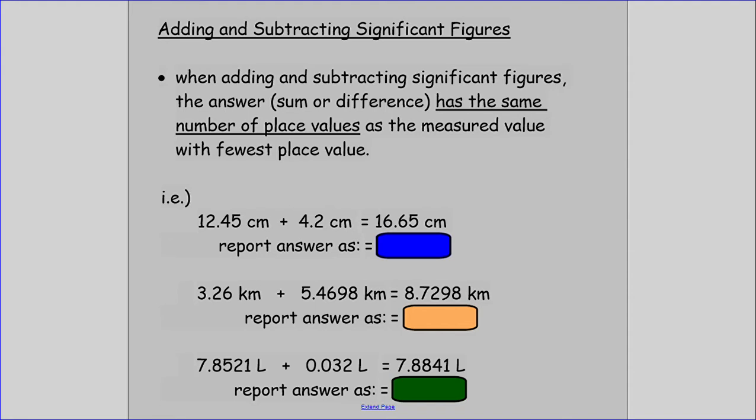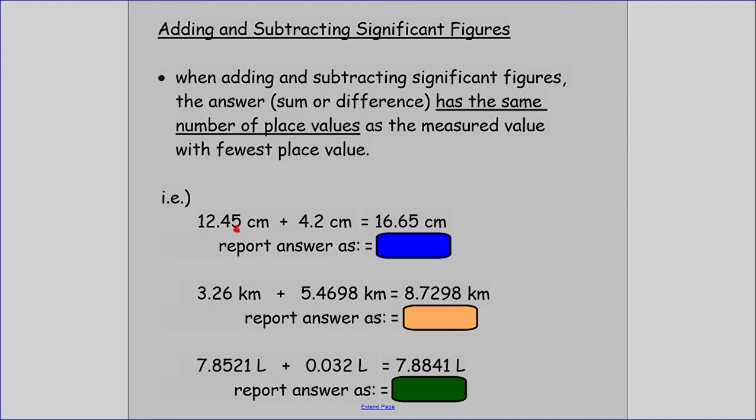So if we take a look at our first one, I have 12.45 and 4.2. When I add those together I get 16.65. But if we take a look and see which number is the most accurate here, well, the 12.45 is more accurate than the 4.2. It goes to an extra digit.